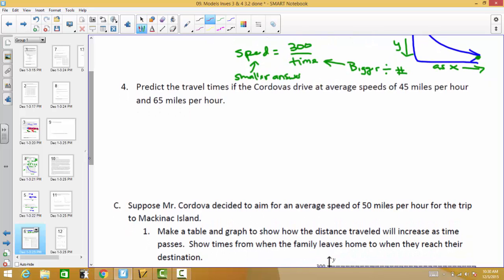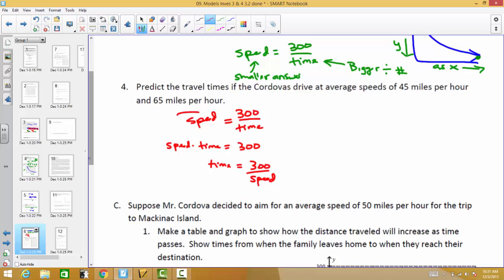So again, our equation is 300 divided by time. This is the same exact equation because we'd have speed times time is 300. So we could also write this as time is 300 divided by speed.